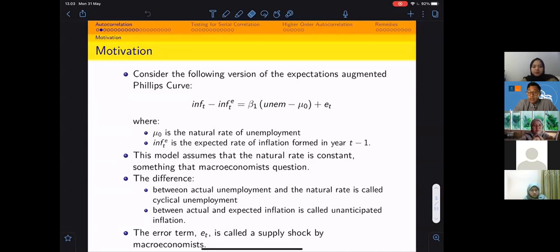The theory suggests a negative relationship between inflation and unemployment, but if we just regress the two variables contemporaneously, we actually obtain a positive relationship.